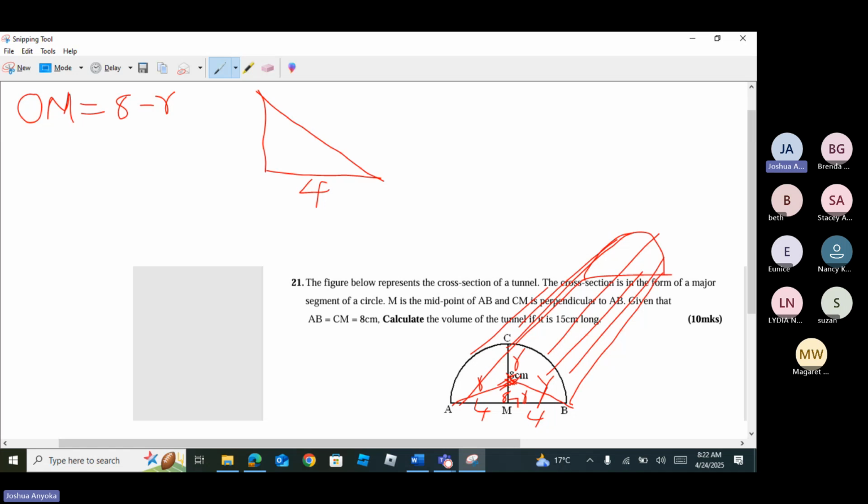We try to analyze the situation as it is. This side is 8 minus R and this one is R. With this, we can work out the radius of the circle, which is our intention.